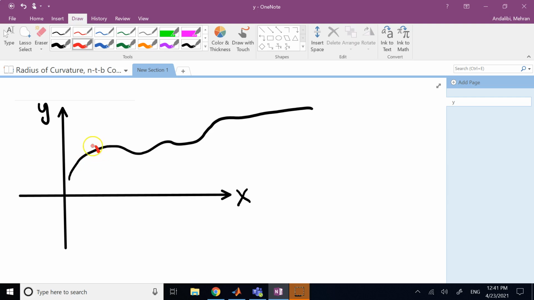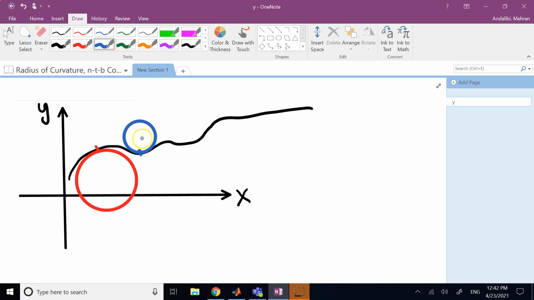So let's say at that point, I can go ahead and draw a circle that is tangent to the path at that point, like that. Or if I go to this point, then again, I can draw a local tangent circle like that, probably a little bit smaller, and so on and so forth.